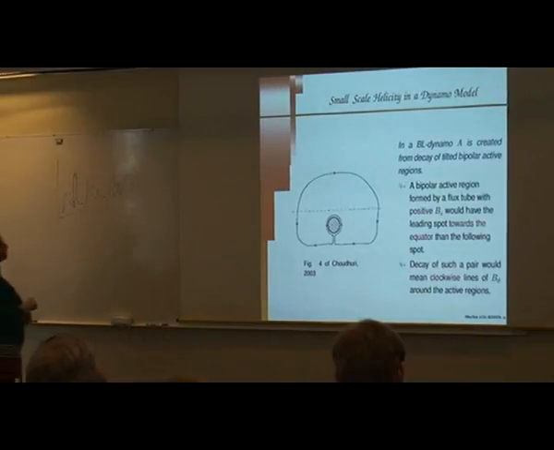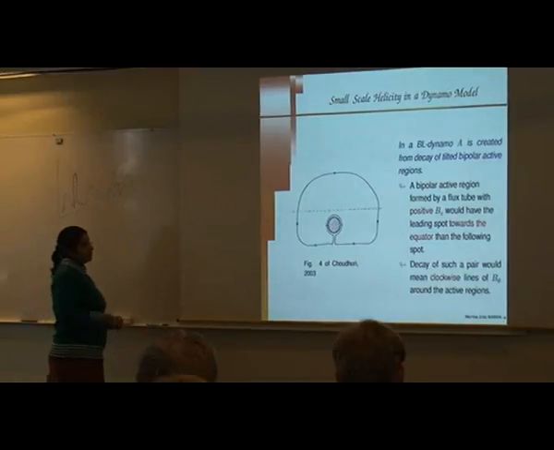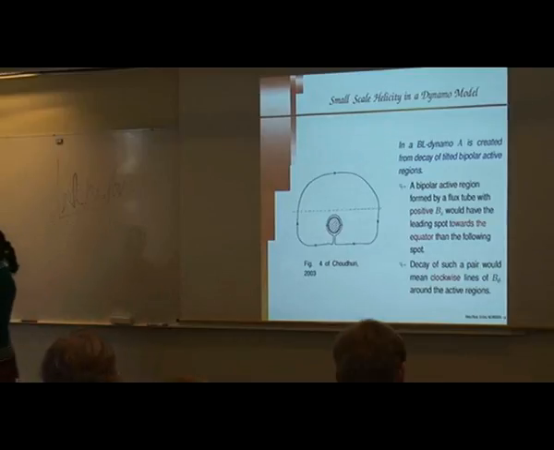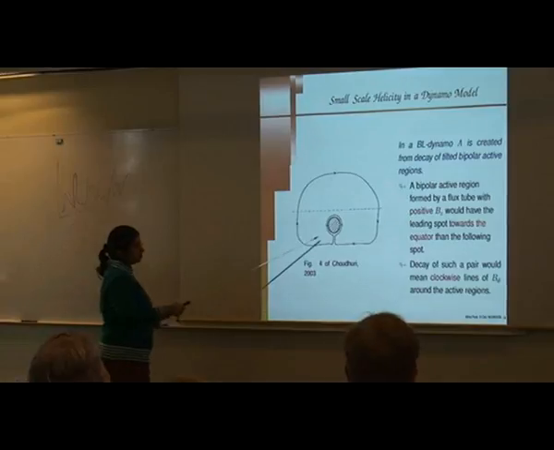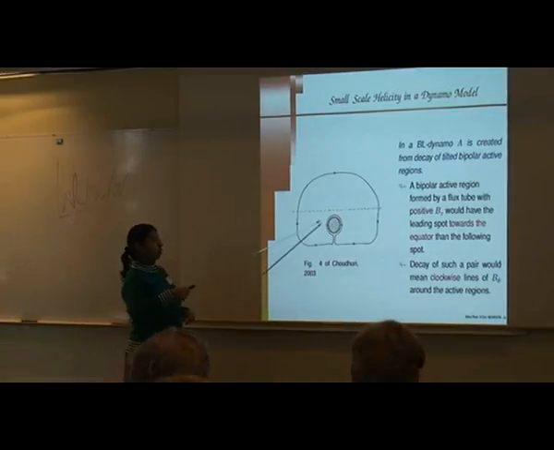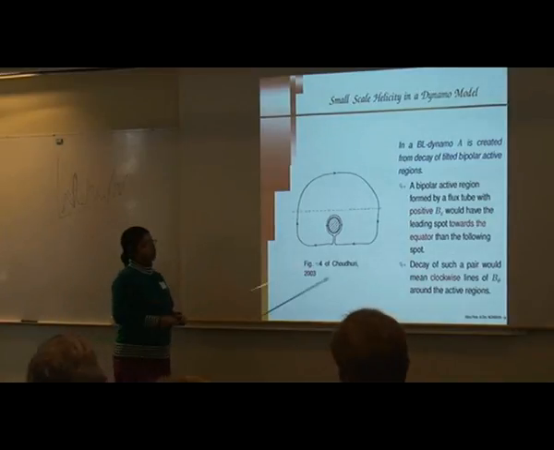Now, in a Babcock-Leighton dynamo model, the poloidal field, which I denote by A, is created by the decay of tilted bipolar active regions. Suppose this is the northern hemisphere, and we have a flux tube which has positive toroidal field, which means it's pointing into the paper.